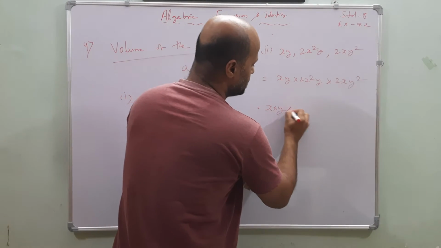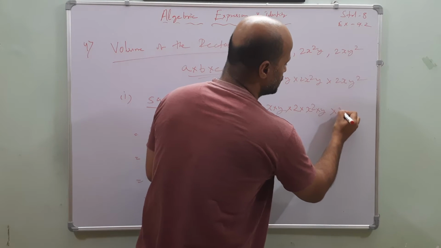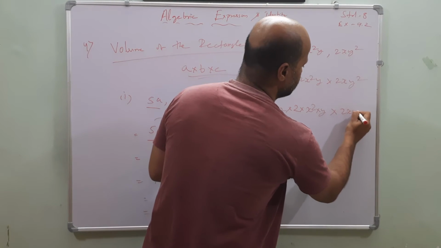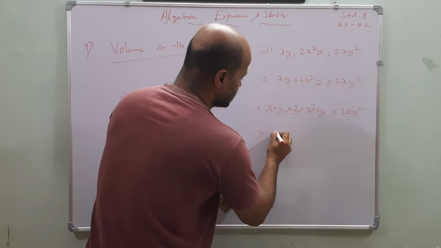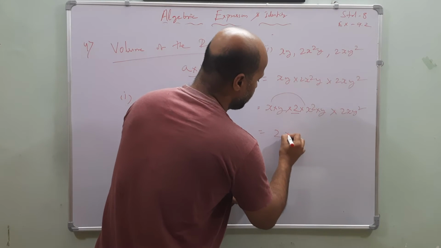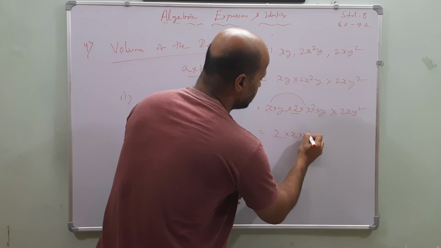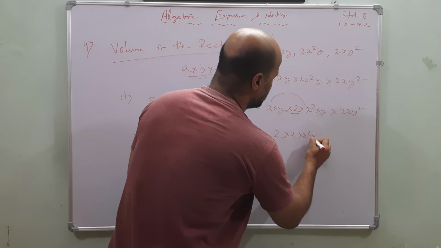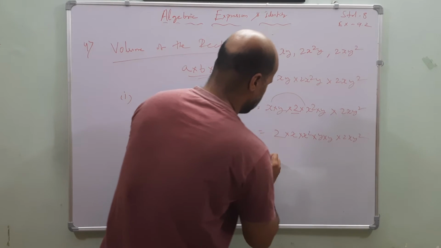Break it now. 2 into x square into y, as it is. Next, here no constant is there. Write x into x square.